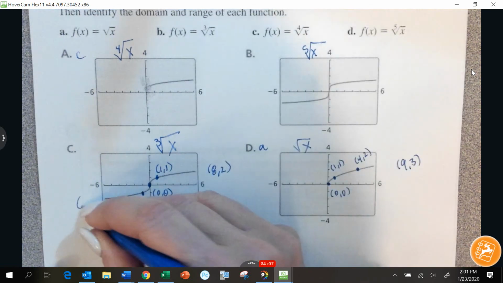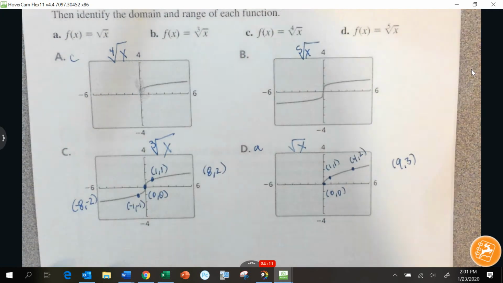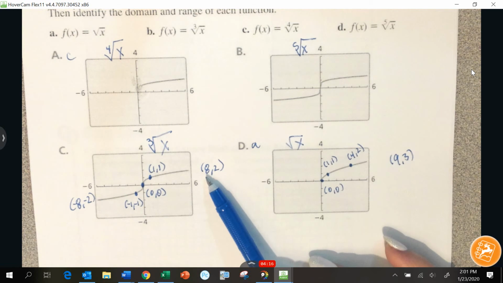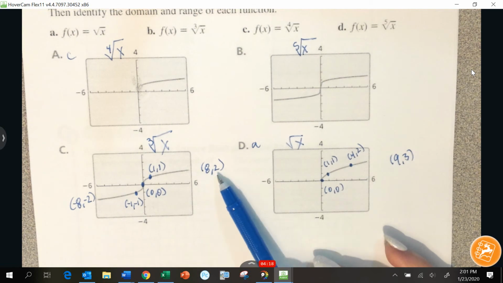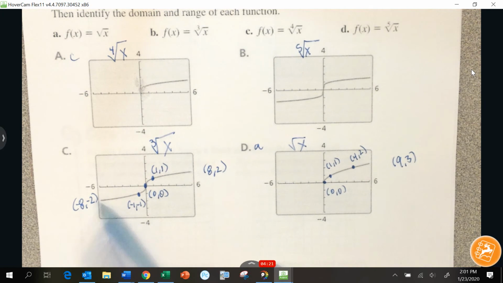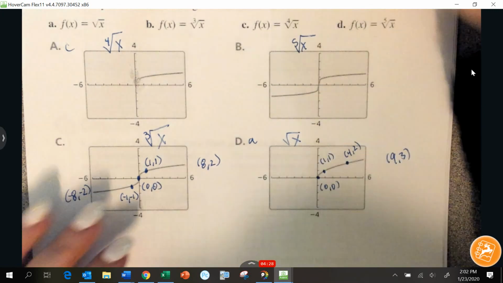And then one over here would be negative 8, negative 2. Now again, if I take the cube root of 8, I get 2. If I take the cube root of negative 8, I get negative 2. I will put those points again on a different page.